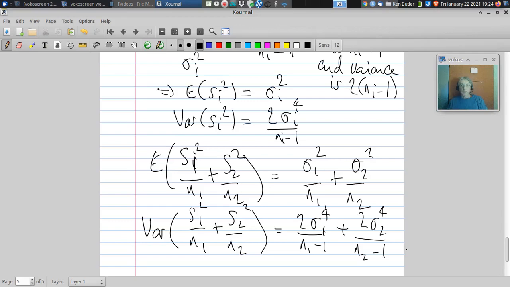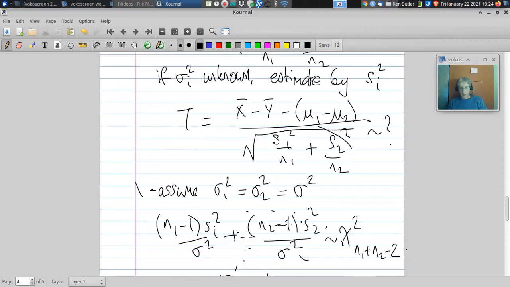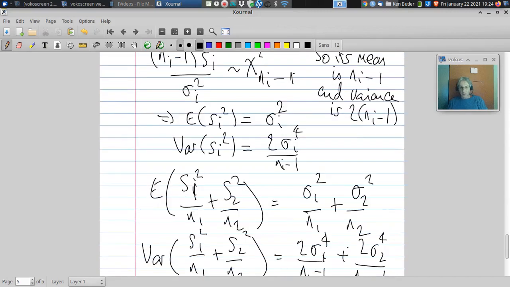Now, what made this work when the variances were the same is that this thing inside the square root had a chi-square distribution. And we can say it has a chi-square distribution, and these are its degrees of freedom, and we're done. Therefore, the whole thing has a t distribution with those degrees of freedom. In this case, we are not so lucky.